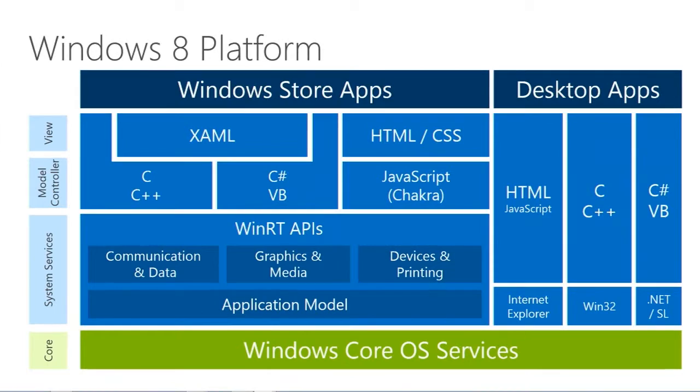You may have already seen this high-level architecture slide of what the Windows 8 platform is. Obviously, there are the desktop apps that you may have been building in the past, whether in C# or C++ and so on. We're going to focus on Windows Store apps, because that's where Microsoft is focusing a lot of its energies.